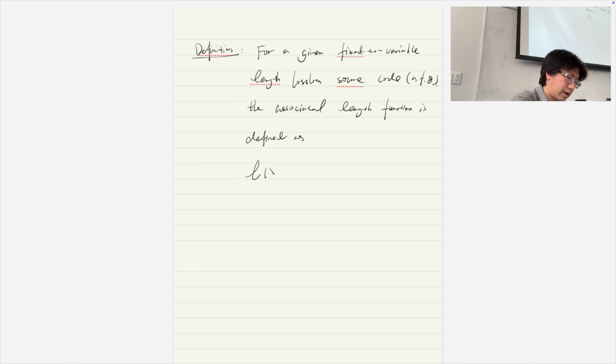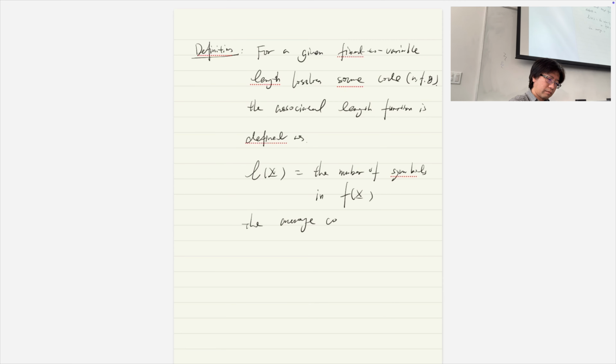So we use L(x) to denote the number of symbols in our encoding function, f(x). Okay, and then the average code length is given by, so we use L_n to denote the average code length.